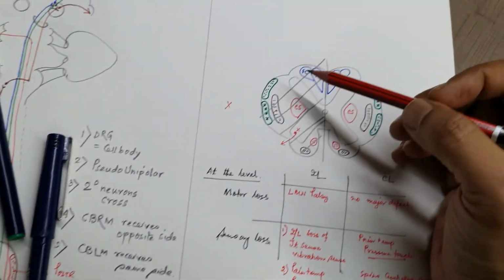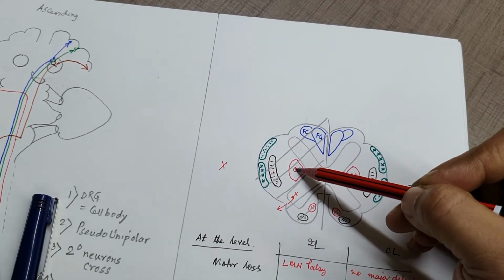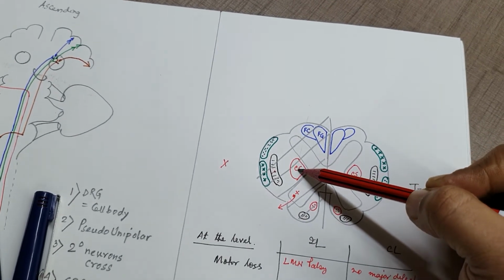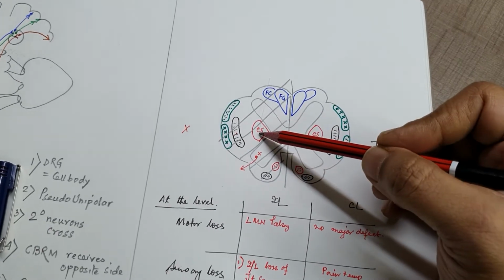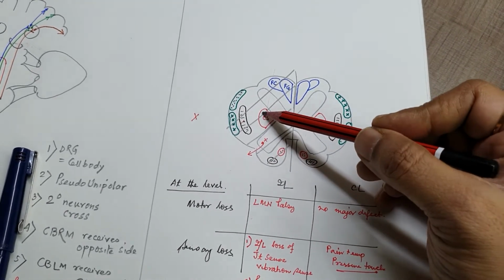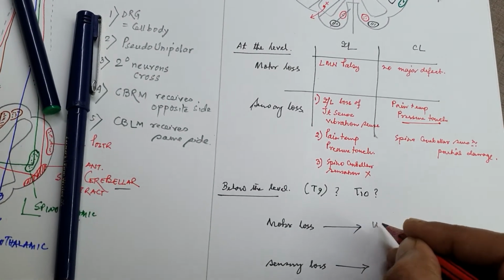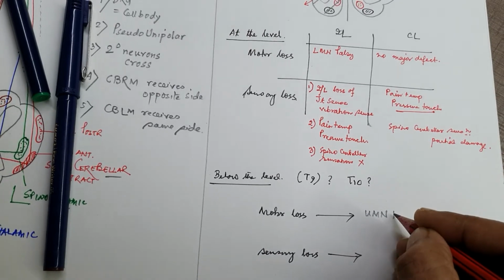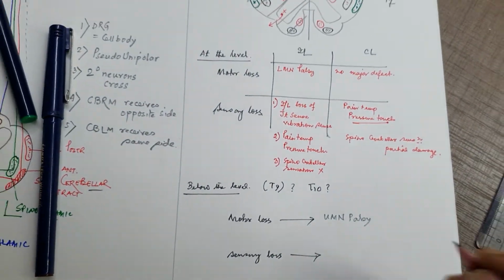First see, the corticospinal fiber that passes from there, destined to the T7 level, will relay here. But those destined to the lower level, these fibers have also crossed. So there is upper motor neuron palsy.